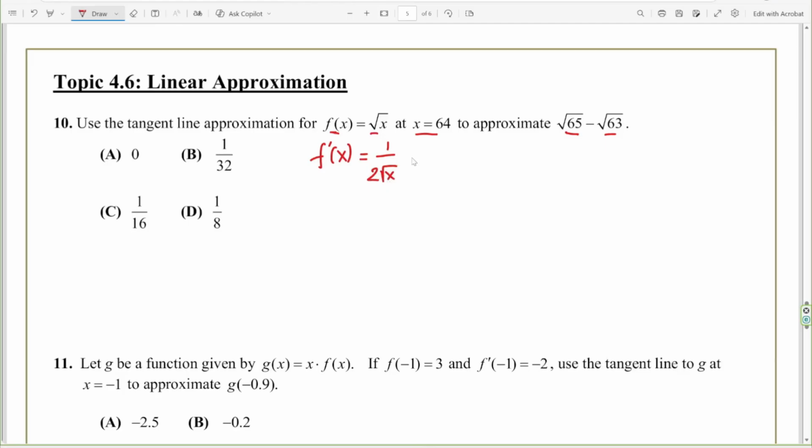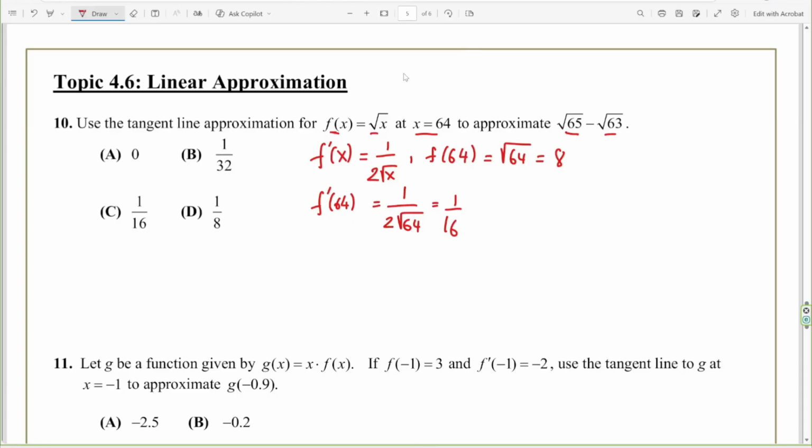Now you need to calculate f of 64. Substitute 64 over here. It's going to be square root of 64, and it's going to be 8. Also, you need to calculate f prime of 64 to find the slope, right? So it will be 1 over 2 square root of 64, right? So it will be 1 over 16, right?